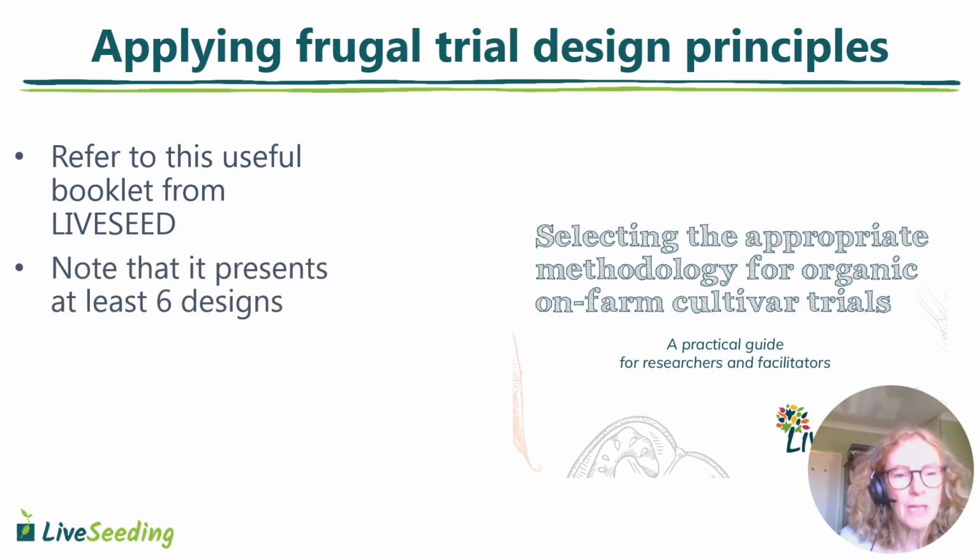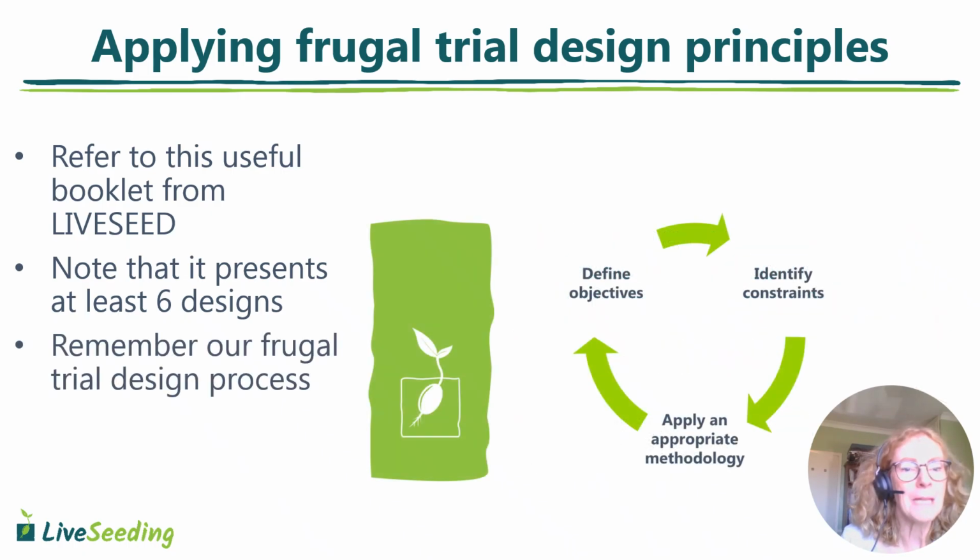It presents at least 6 designs. There's some overlap among the designs, so you might say 7. But anyway, I'll show you a few of those today, and hopefully you'll become familiar with using those decision trees to help you decide what the best design might be.